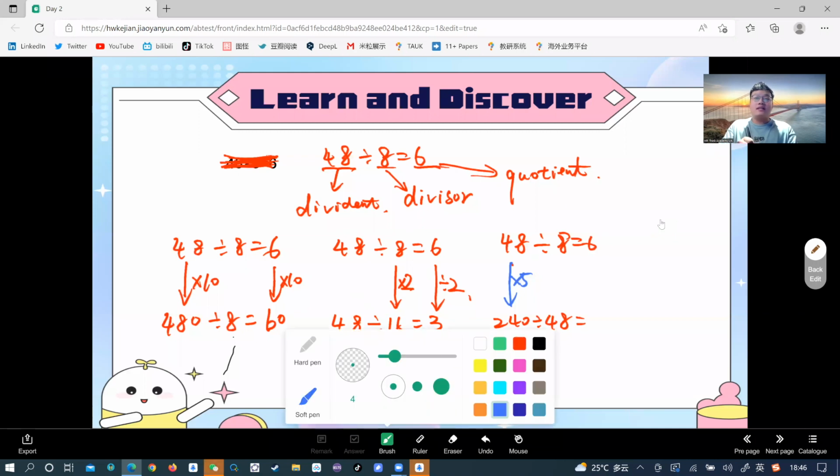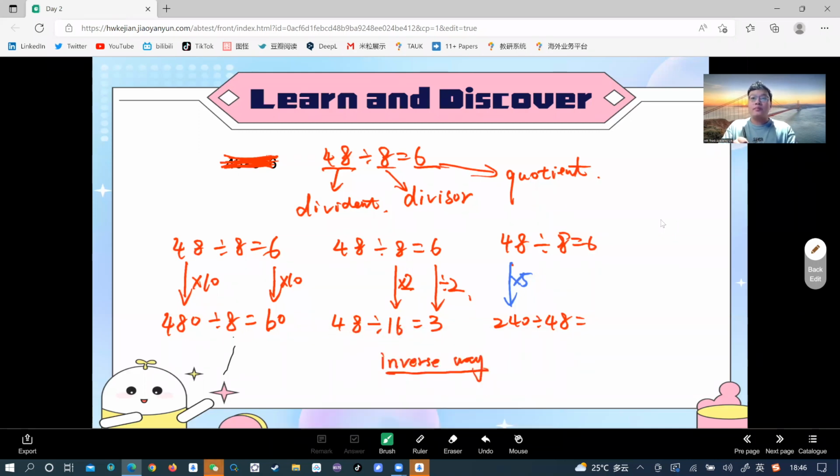And as for the divisor, what is the change here? I times that by 6. So as for the result, the result should be 6 itself. We know that the change to the result is going to be same as the dividend. So we times 5 here. But as for the divisor, it's going to change in the inverse way. So you divide by 6. So 6 divided by 6, you got 1. 1 times 5, you got 5 here.